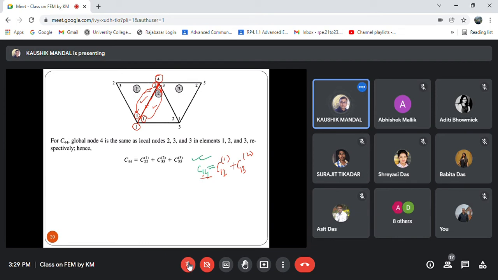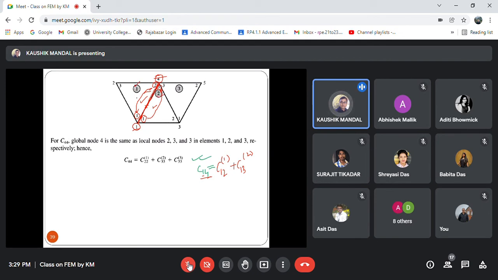But when it is an off diagonal element like this C of 1, 4, that means first you identify the corresponding global nodes. This is 1 and 4. They are directly connected by this line. Now this line is the common line or the boundary line between element number 1 and element number 2.